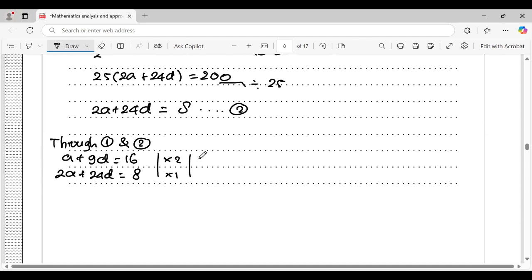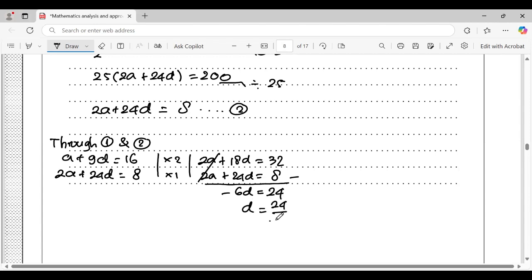So it is going to be 2a plus 18d equals 32, and 2a plus 24d equals 8. Subtract, cancel a, and this is minus 6d equals 24. d equals 24 over minus 6, and it is minus 4.